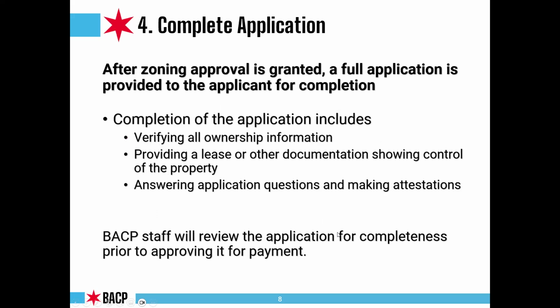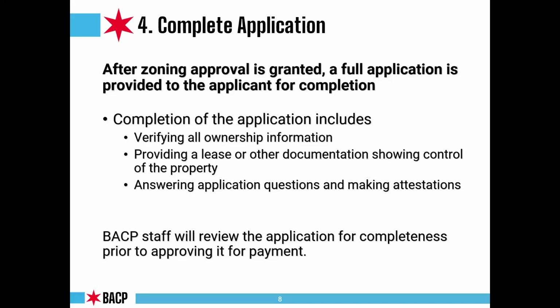Now, once zoning approves your application, what we will then do is generate a full application, which you will need to acknowledge and verify that all the information on there is correct. Part of the completion of this application includes verifying ownership information. We want to make sure that we have the correct contact information, date of birth, emails, and phone number, so that we are able to contact you if necessary.